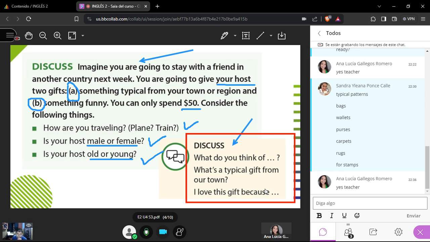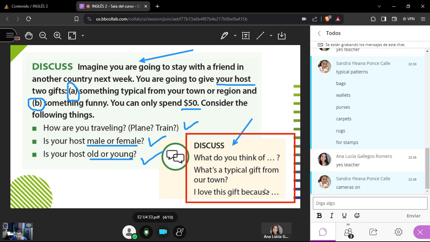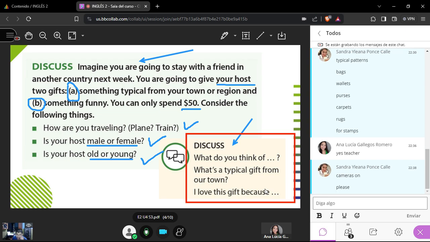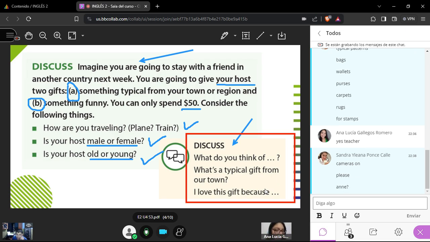We must think what we should give them. What we will give him. Okay. What can we give from Peru?